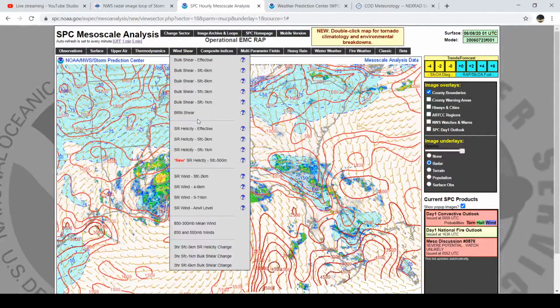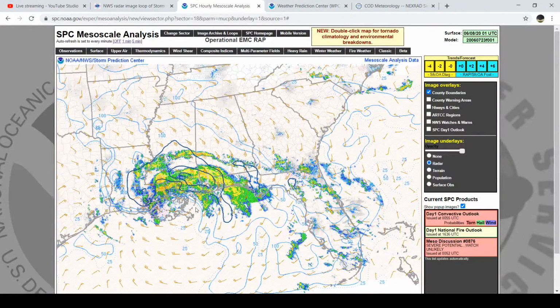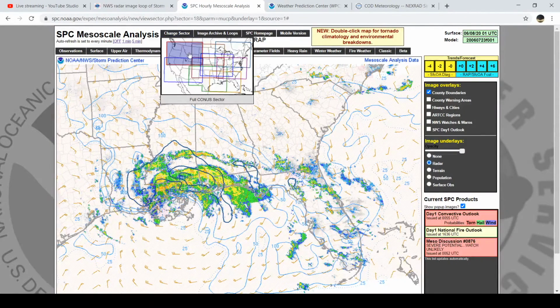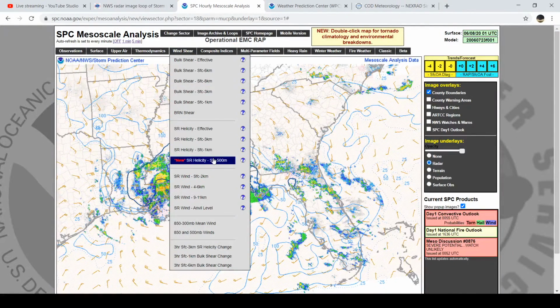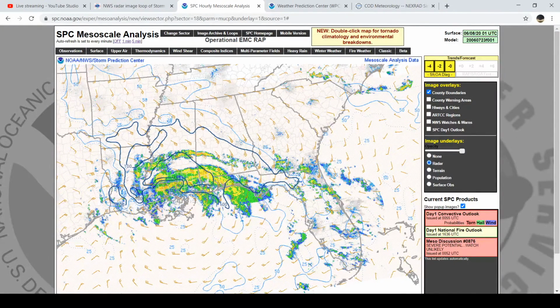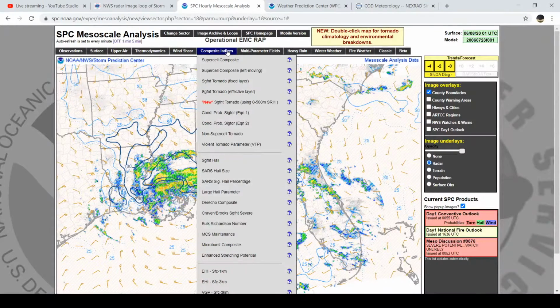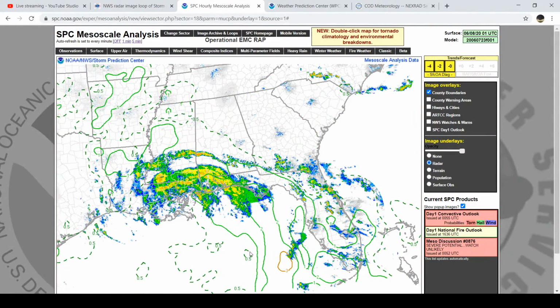If we look at effective SRH, we can see our SRH is greatest through this region too. So yes, definitely a chance of a brief spin-up tornado could happen. See our 0 to 500 is greatest through this region too. And our energy helicity index is a 2 through this region.